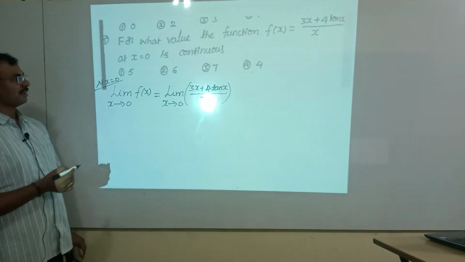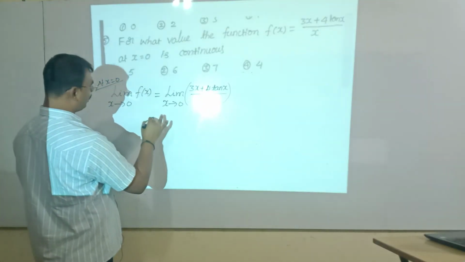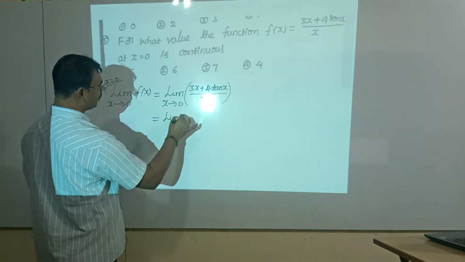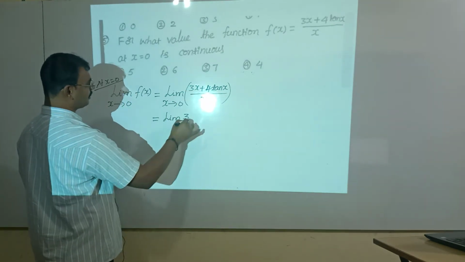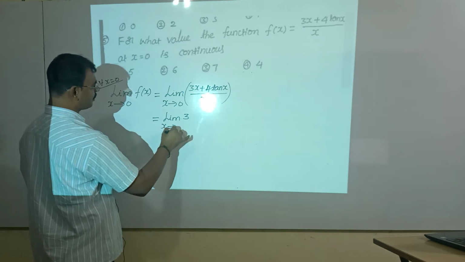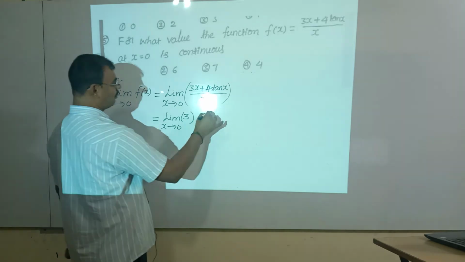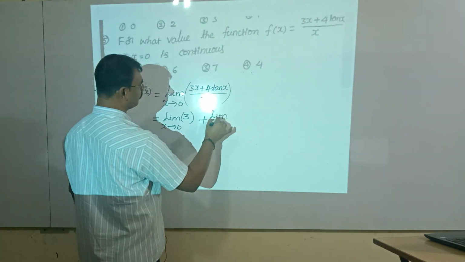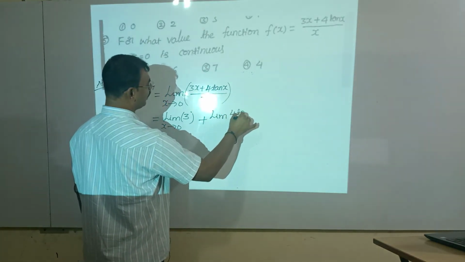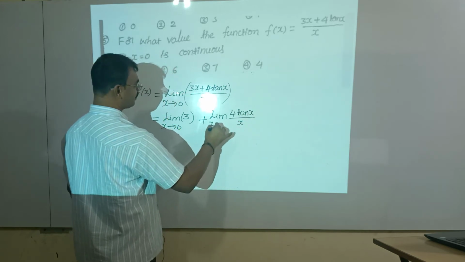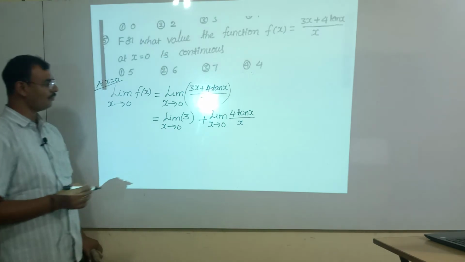I have to write this using a property: limit of 3x by x as x approaches 0 plus limit of 4 tan x divided by x as x approaches 0.